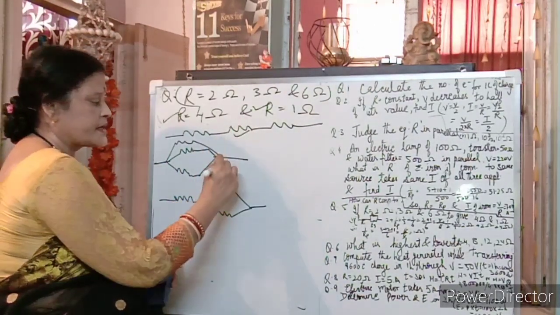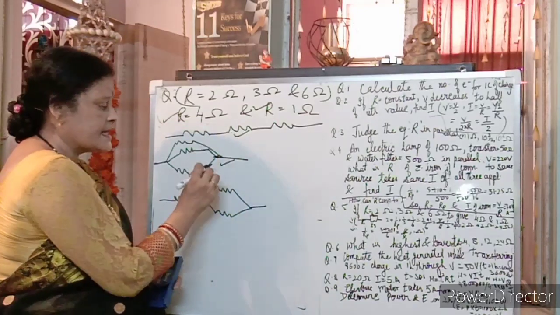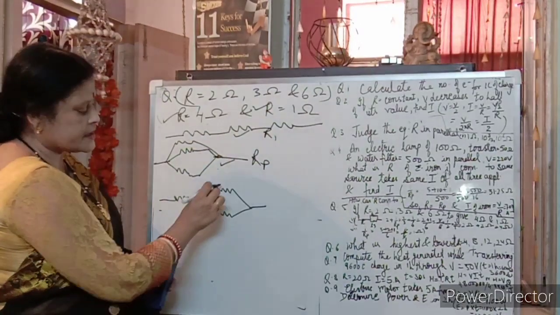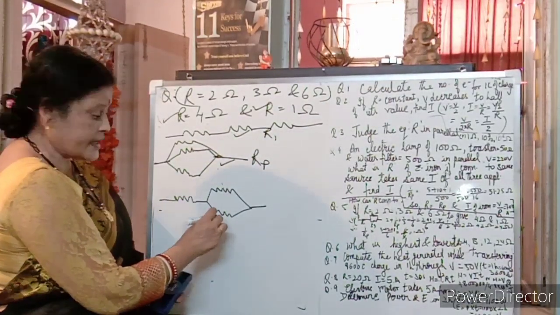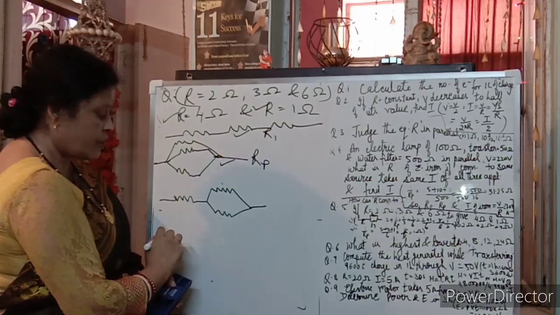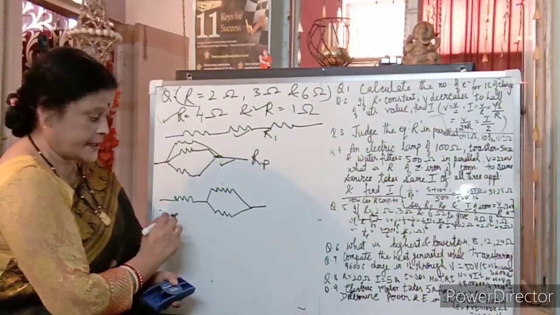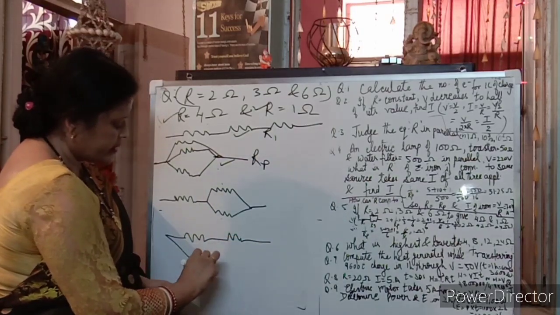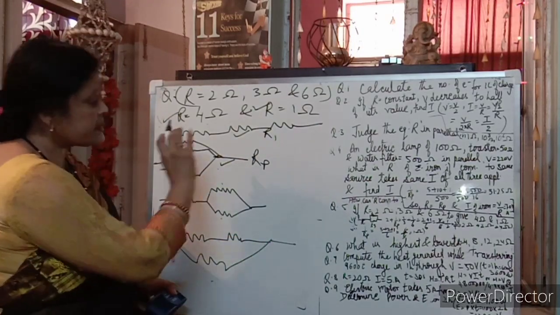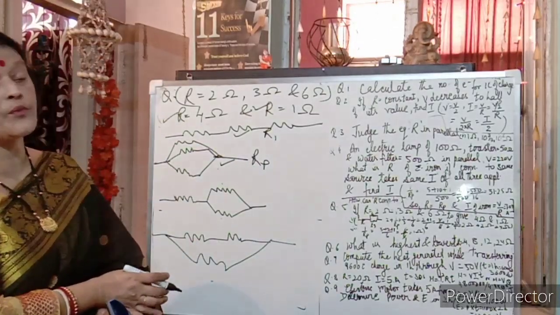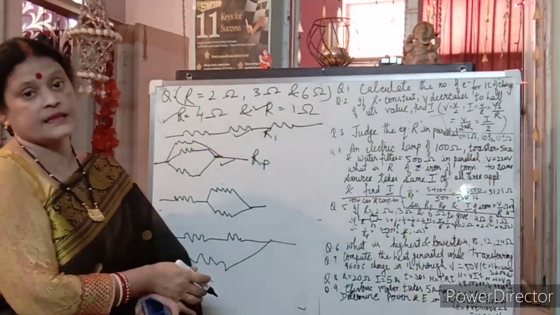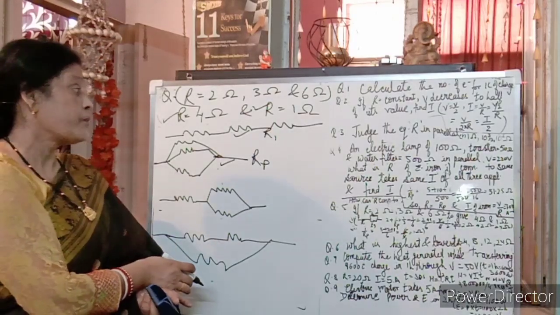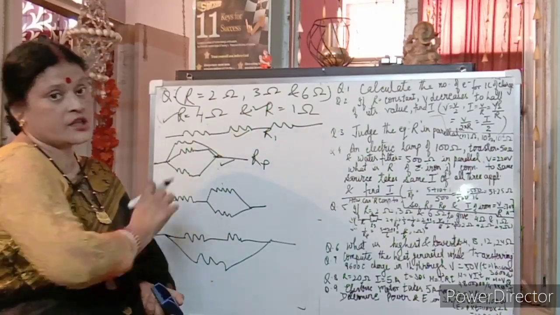First is all in series, second is all in parallel, third is 1 in series, 2 in parallel. And what is the fourth possibility? 2 in series and 1 in parallel. These are the only 4 possibilities which can be used to connect the resistances in your syllabus.